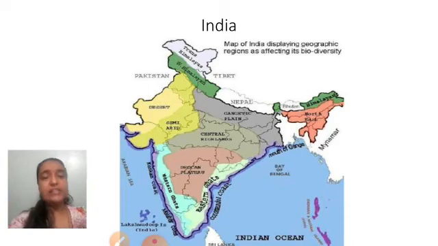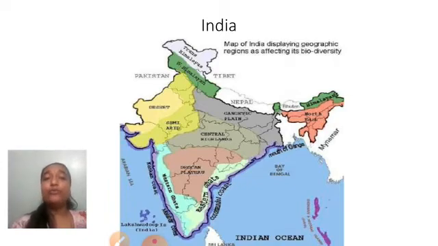The answer is no. It was not formed when Earth was formed 4.6 billion years ago. But due to certain changes in the landforms, our India has been formed. So let us learn how our India has been formed in our future classes.